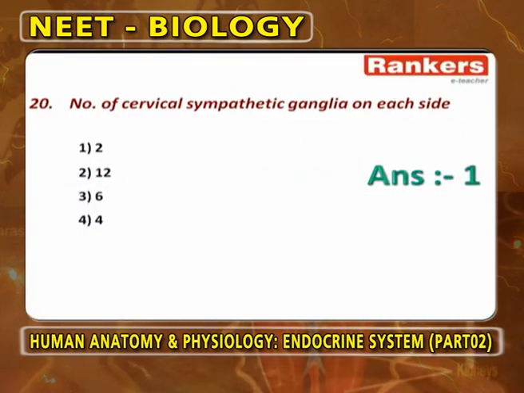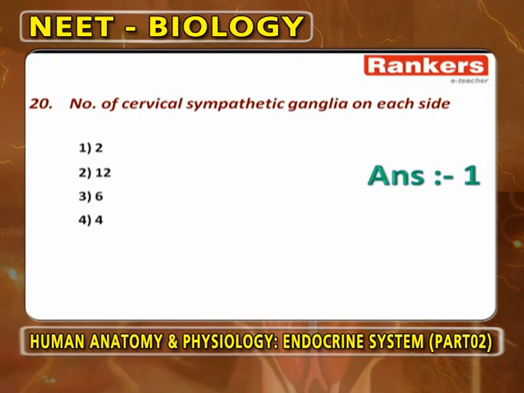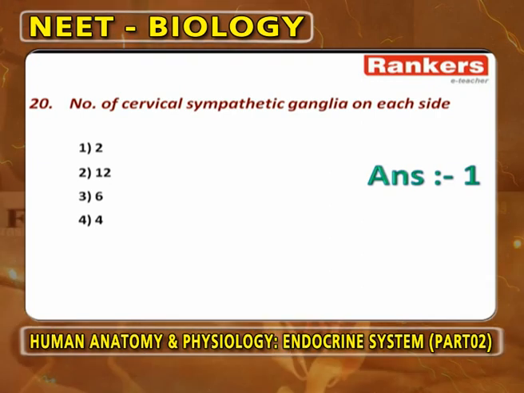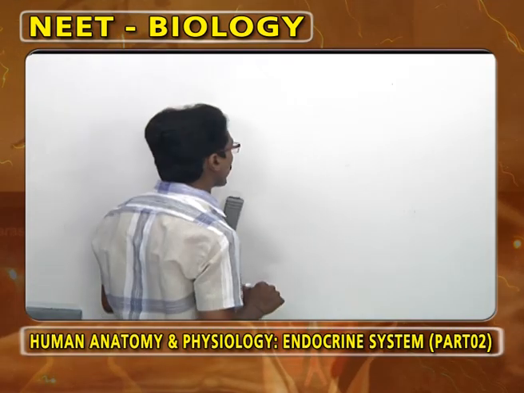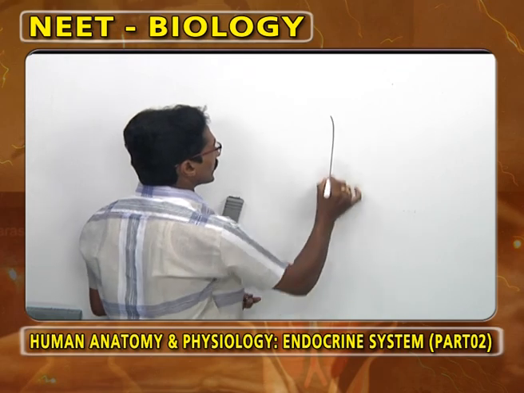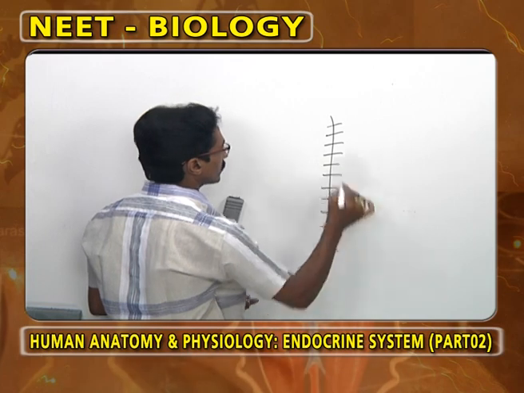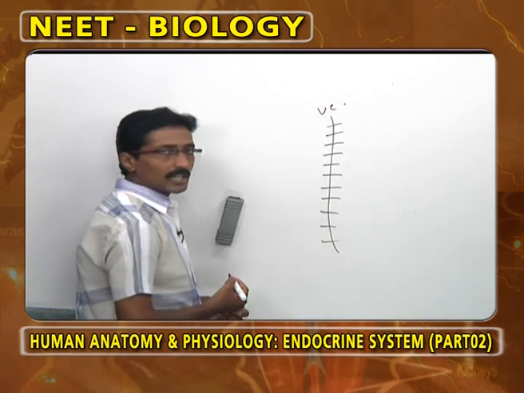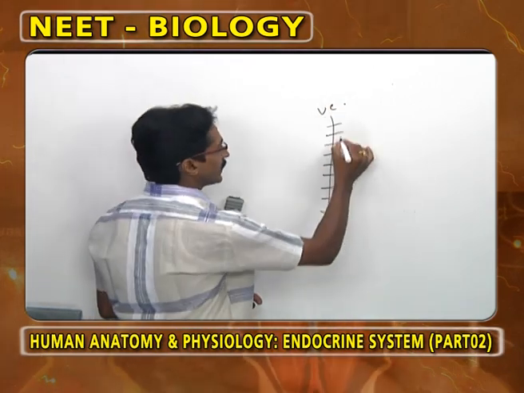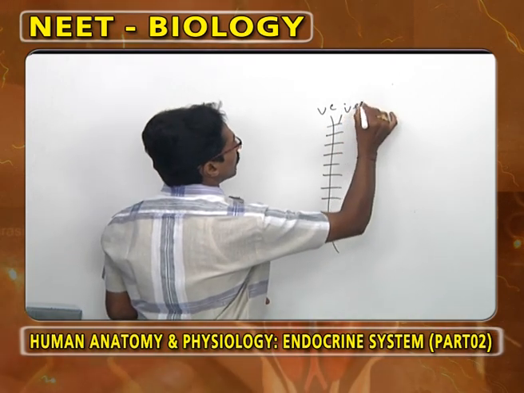The number of cervical sympathetic ganglia. As we observe the sympathetic nervous system, this part is the vertebral column, which we know very well. Now I am drawing that one. This is the vertebral column, VC, and these are the vertebrae.